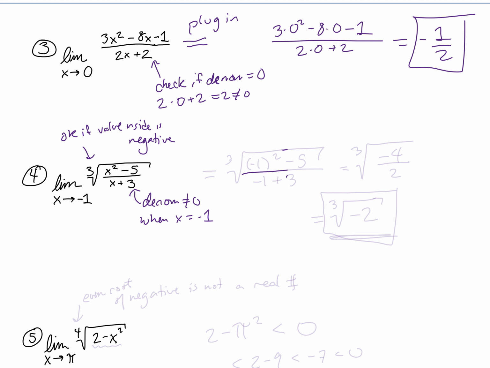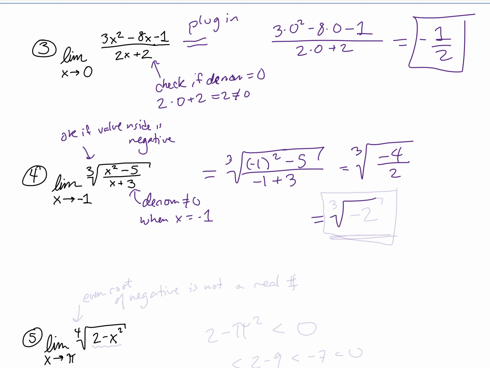So, okay, all we need to do then is plug in. This limit will exist. So this is the cube root of -1 squared minus 5 divided by -1 plus 3. So that's the cube root of 1 minus 5, so -4 over a positive 2.